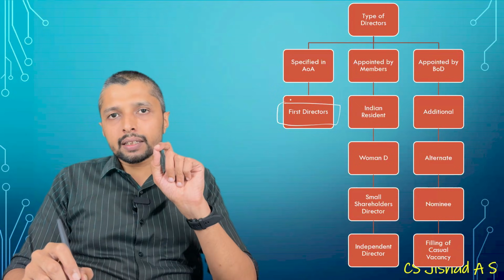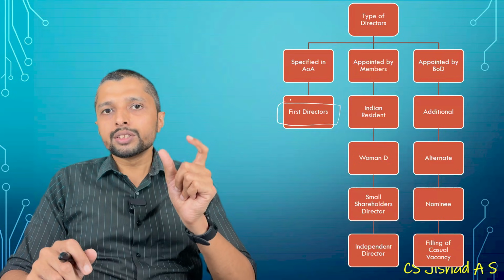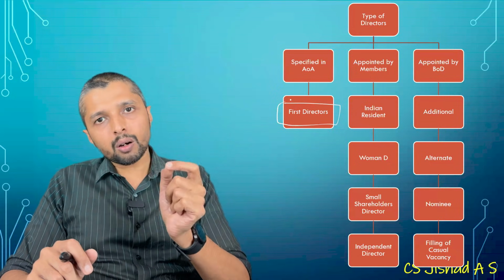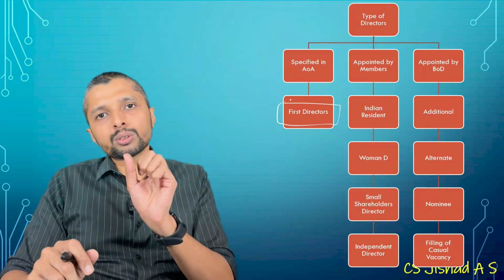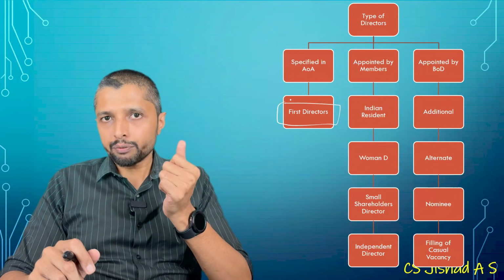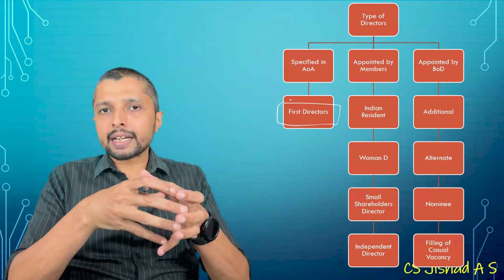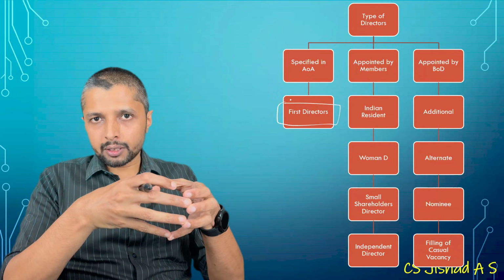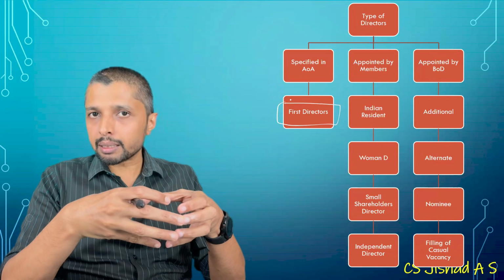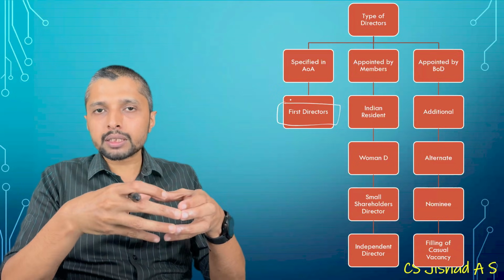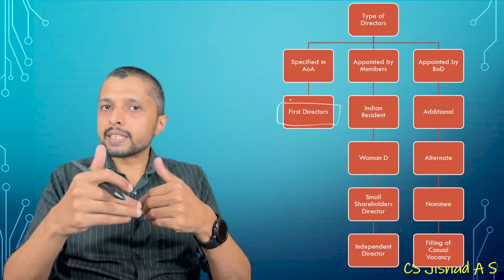If first directors are not specified in the articles of association, you will have to check whether regulation 60 is applicable or not. Normally, in articles of association, your first directors will be specified. If regulation 60 is applicable to your company, the first directors will be determined by a majority of subscribers. If regulation 60 is not applicable, all the individual subscribers will automatically become the first directors.